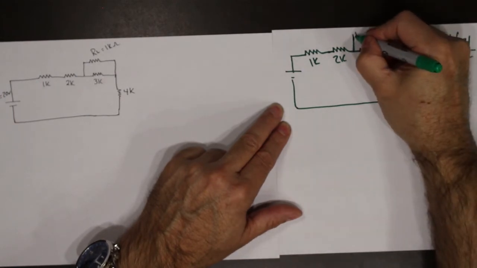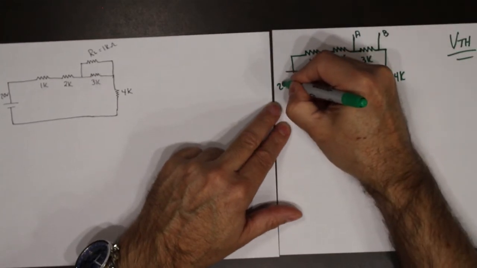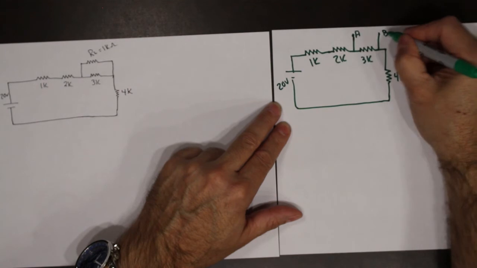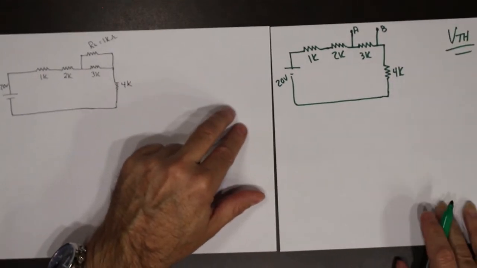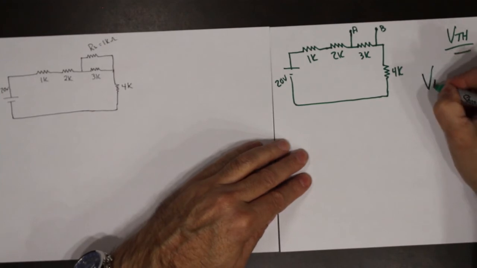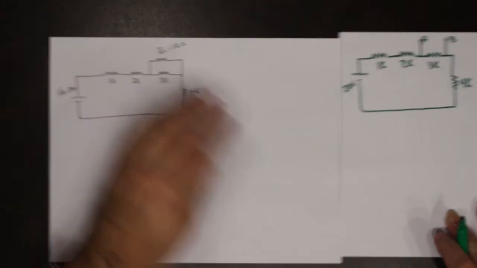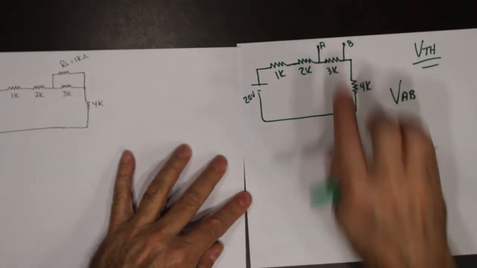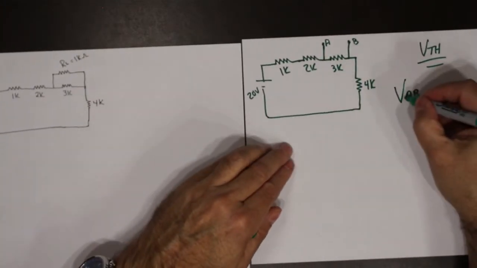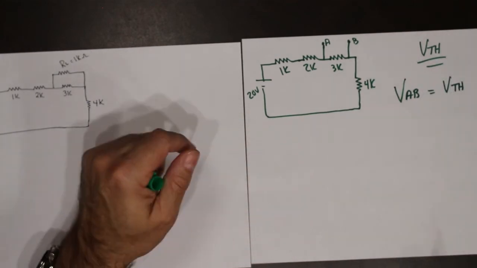So I'm going to mark it A and B. The supply was 20 volts. So now what I need to do is find the voltage from A to B. So again, I have removed the load, marked it A and B. If I find the voltage from A to B, that's the voltage of Thevenin.